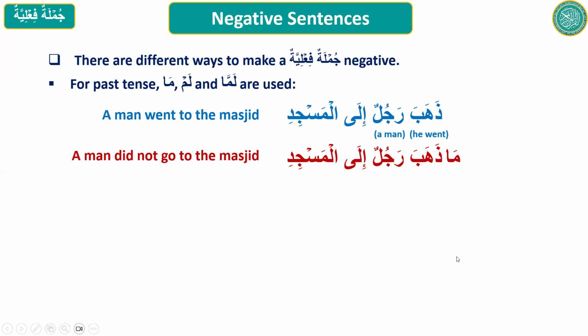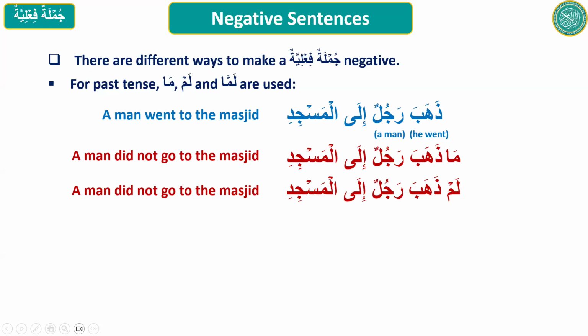Simple. Second word, lam. We are going to use lam now, and we want to say a man did not go to the masjid, but using lam. So lam plus zahaba rajulun ilal masjidi. But there is a problem in this sentence. If you talk to an Arab, the Arab will say this is a wrong sentence. When lam comes, it makes a change to the verb.